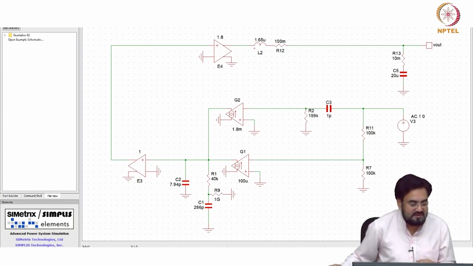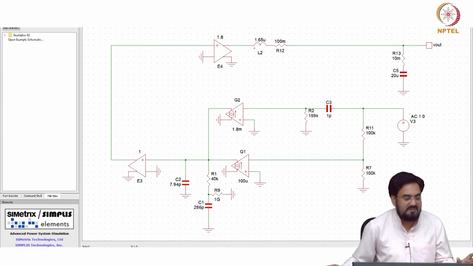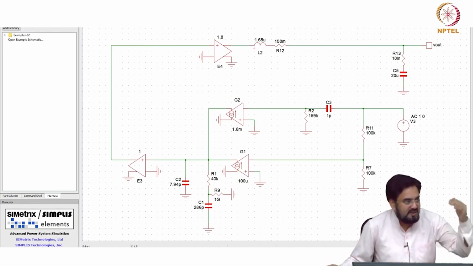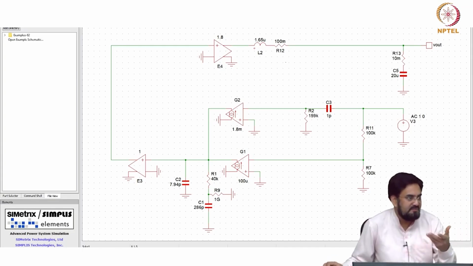Let us see. The rest of the things should remain the same, and the UGB of this should be around 100 kilo, and you should have a phase margin of more than 70 degrees.